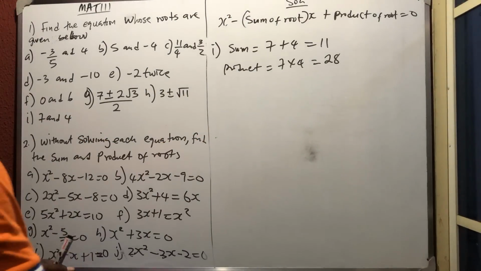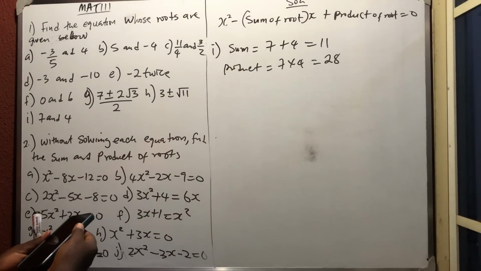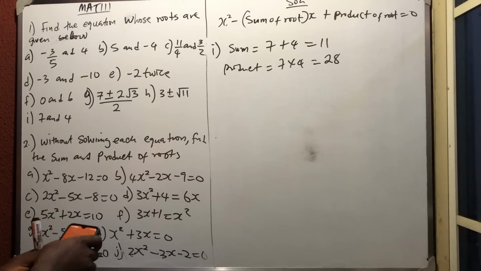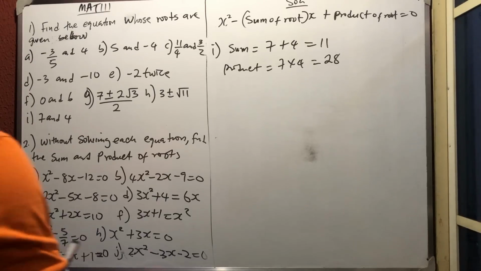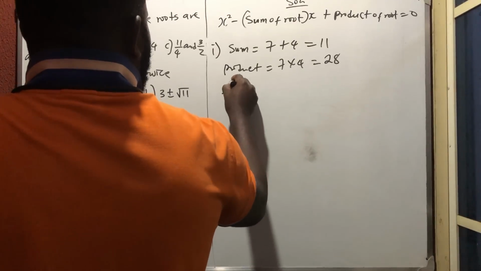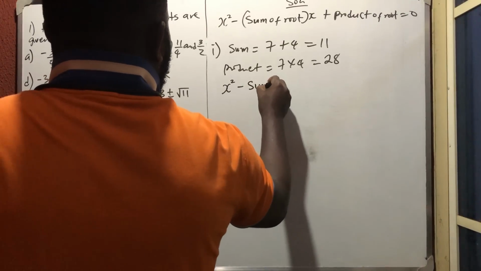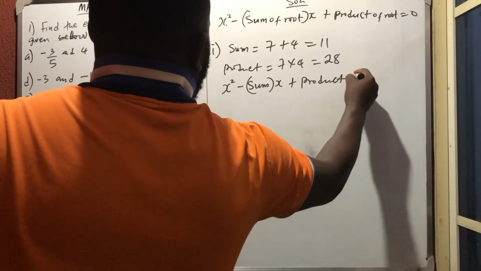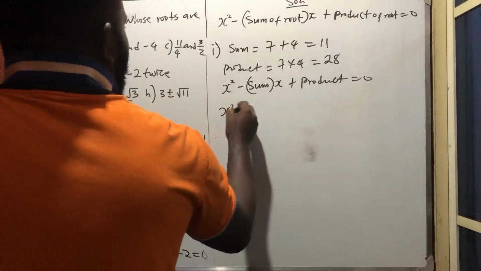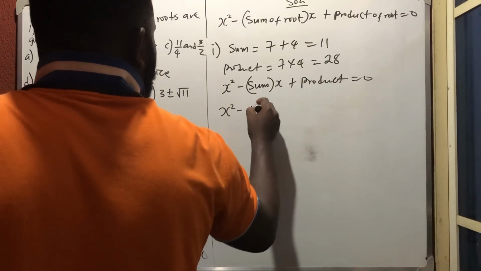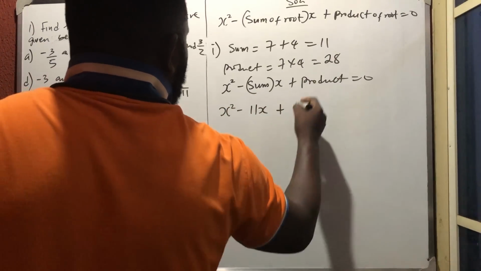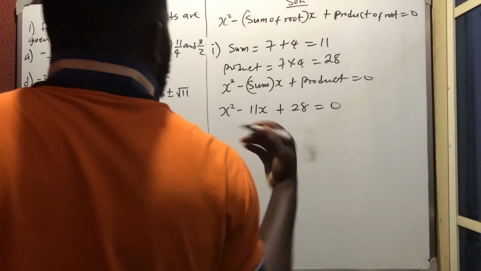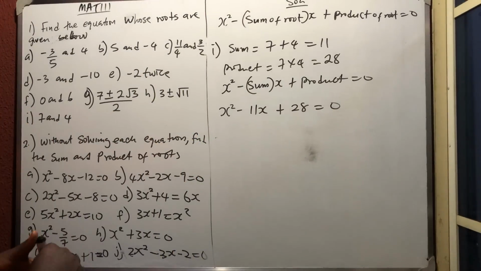So now, the equation is x squared minus sum, you put x, plus product is equal to 0. So I'm having x squared minus 11x plus 28 is equal to 0. That is the required equation.